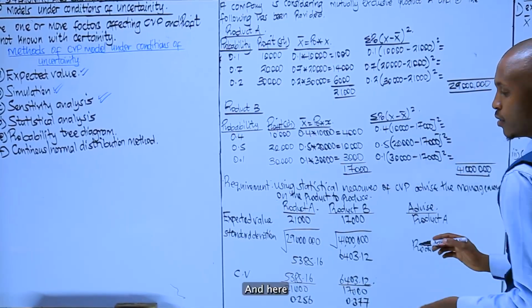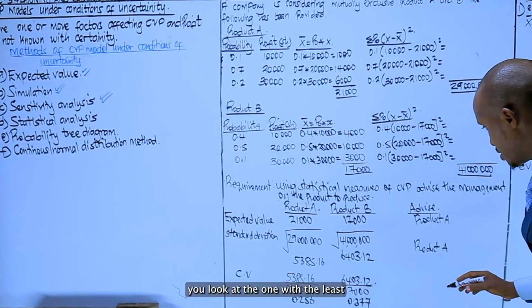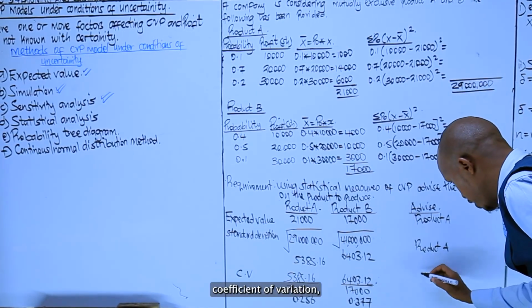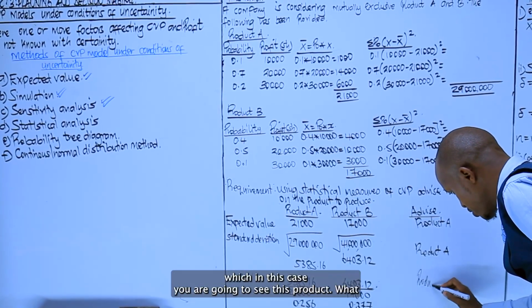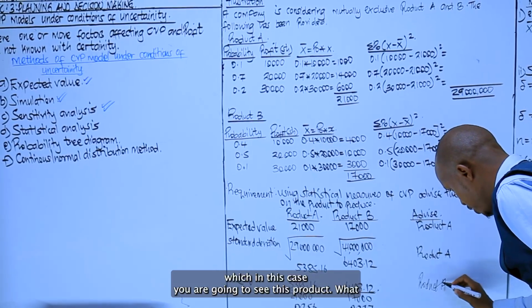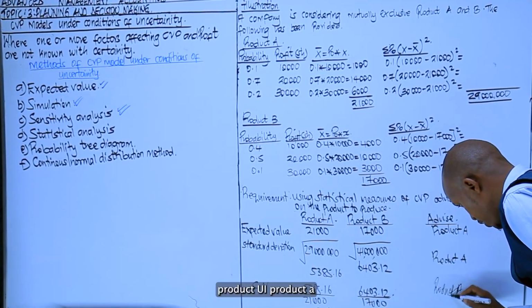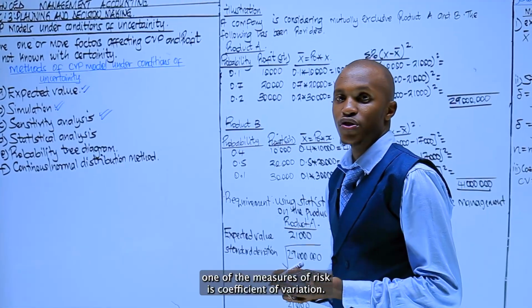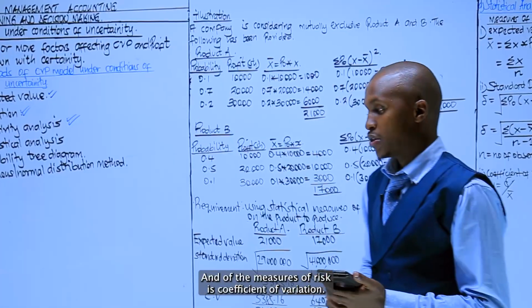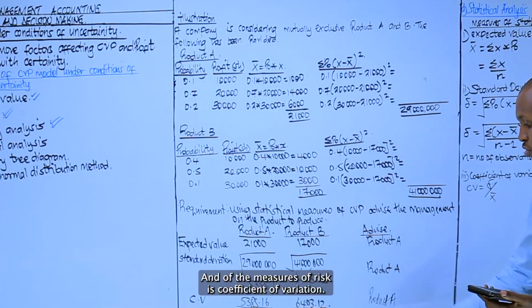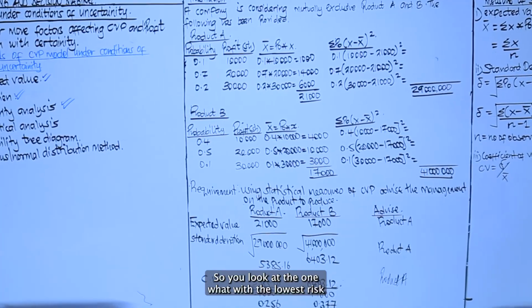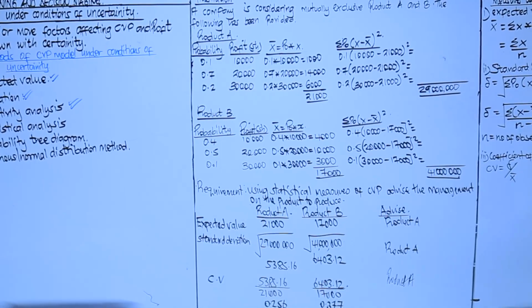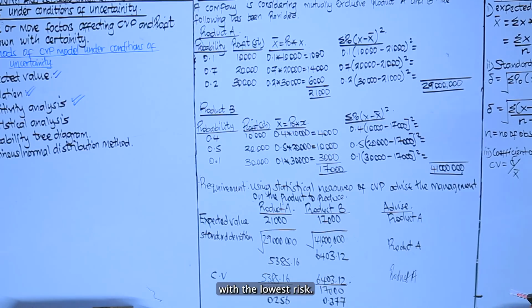Here you look at the one with the least coefficient of variation, which is product A. Why product A? One of the measures of risk is the coefficient of variation, so you look at the one with the lowest risk.